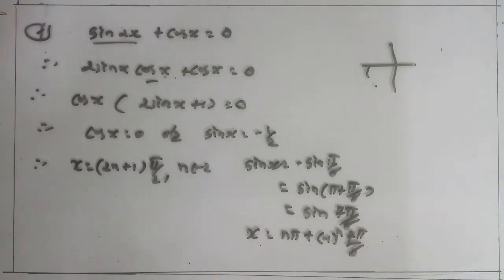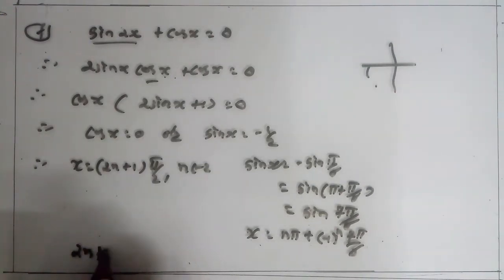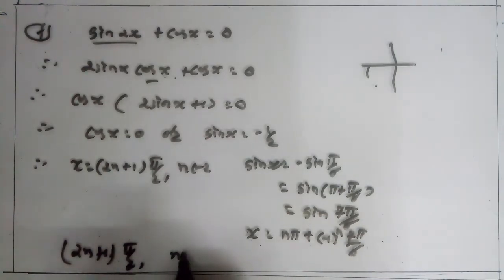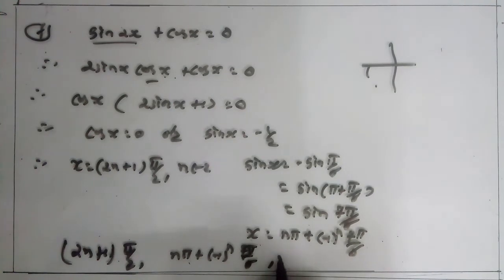In principle, we get this value in both quadrants where this lies. Clear? So this becomes a general solution. So x is equal to 2n plus 1 pi by 2, or n pi plus minus 1 raised to n 7 pi upon 6, n belongs to Z, is the general solution. Clear?